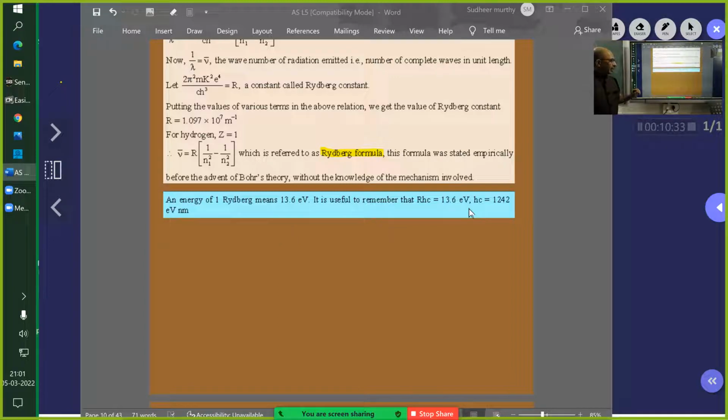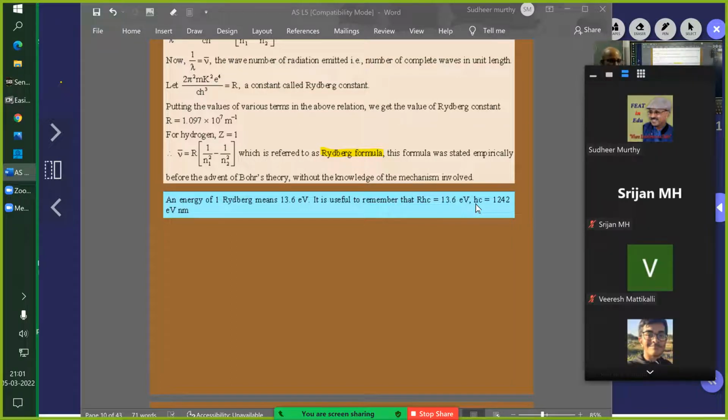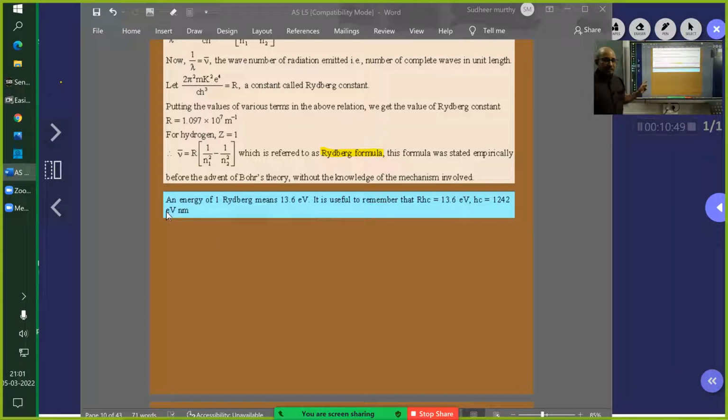See, energy is what? Energy is h nu, and it is hc by lambda, isn't it? hc by lambda is electron volt. Do you agree? Yes, sir. So if you shift the lambda to the right, then you have to write the units of lambda, and the units of lambda will be in meters.